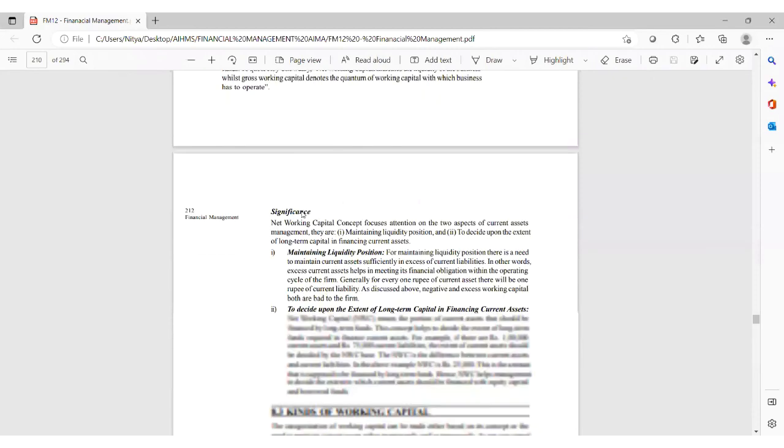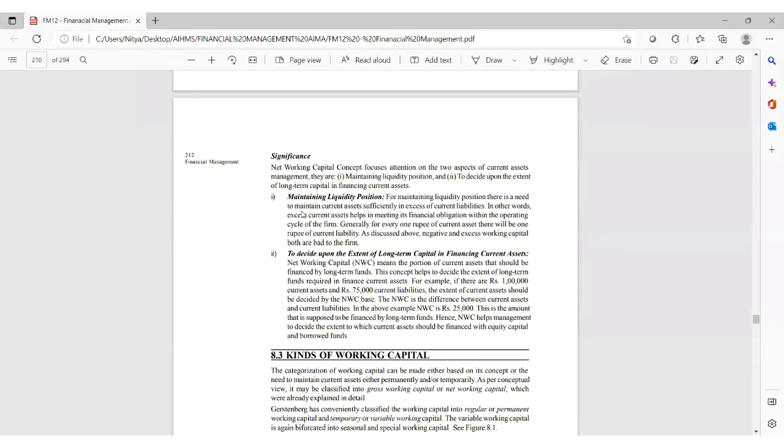So ultimately, even in case of net working capital, it again focuses our attention on two major aspects. That is maintaining the liquidity position, because ultimately with the help of current assets, you can only pay your current liabilities. And it will also help you to decide the extent of long-term capital that is required in financing the current assets, because you cannot just say that your current assets are always financed by your short-term obligations.